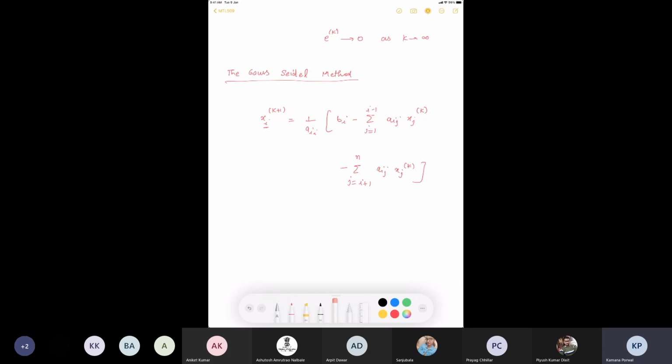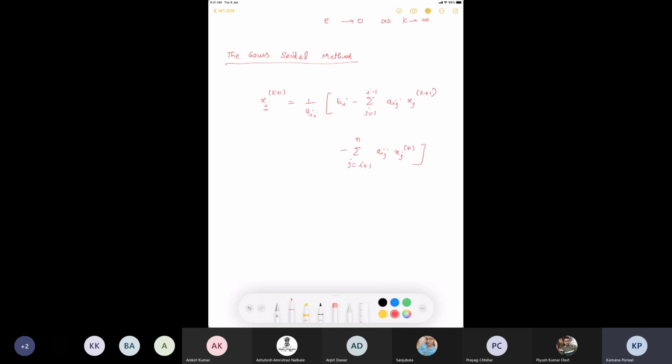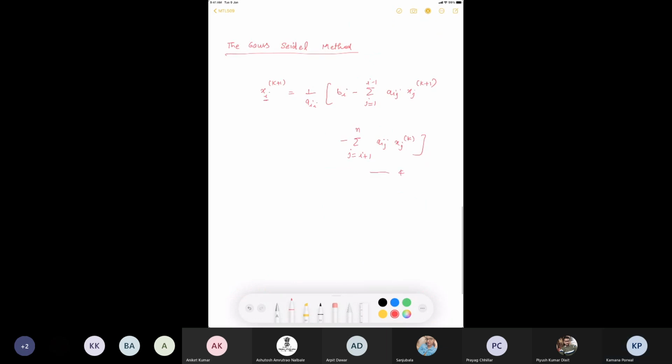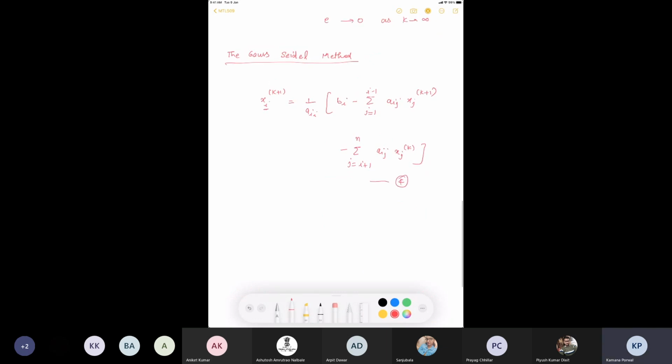So I use that information, x1, x2 up to x(i-1) of the k plus 1th iterate, to compute the ith component of the k plus 1th iterate. So this is what the Gauss-Seidel method is. I number this as 4, and this is for each i.